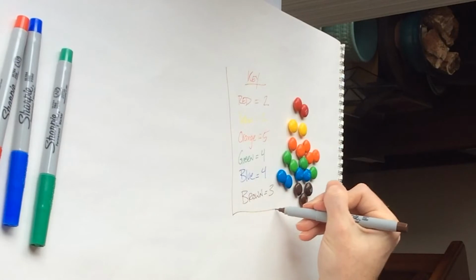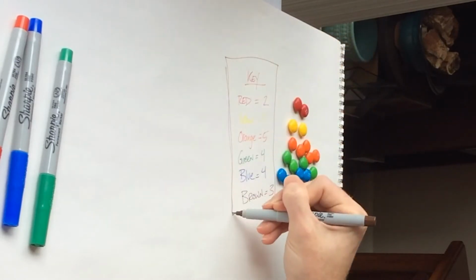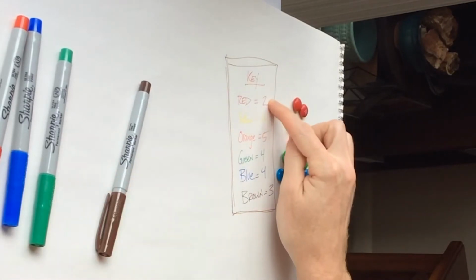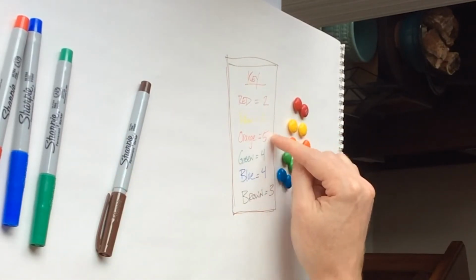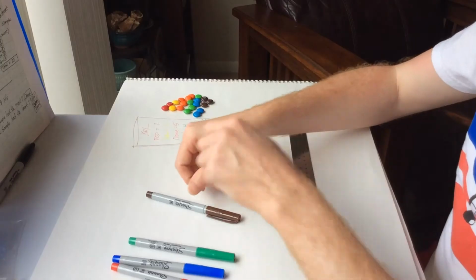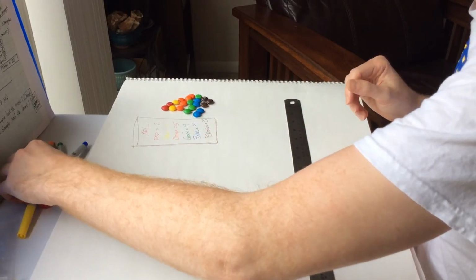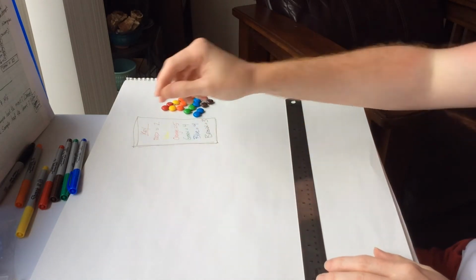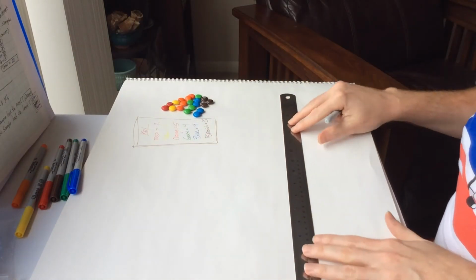So I have my key here, which has my data information with 2 red, 2 yellow, 5 orange, 4 green, 4 blue, and 3 brown. So now I'm going to need to set up my bar graph, my x and y coordinates. So I have my ruler here.